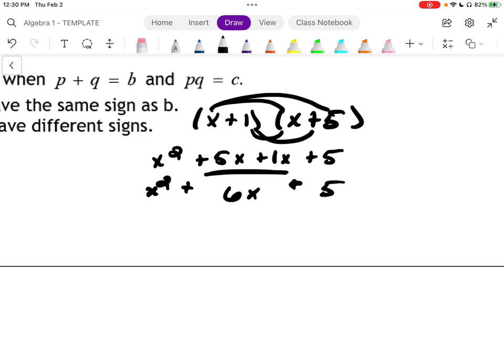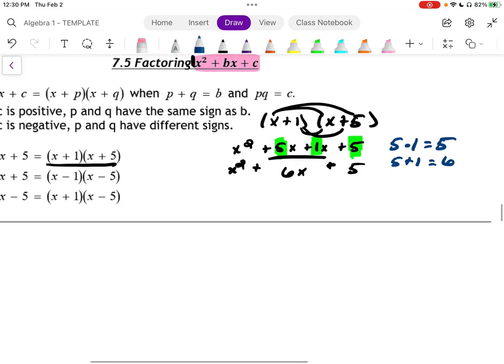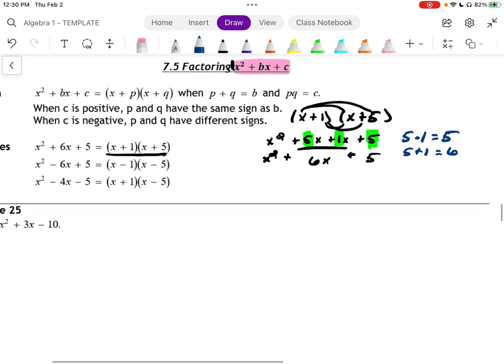Now something to notice is that 5 times 1 is 5, right? Here, maybe I'll write that down. 5 times 1 is 5, and then 5 plus 1 is 6. So on all of these problems, you're going to want to multiply to be the last piece and add up to be the middle piece. That's going to be our pattern here.